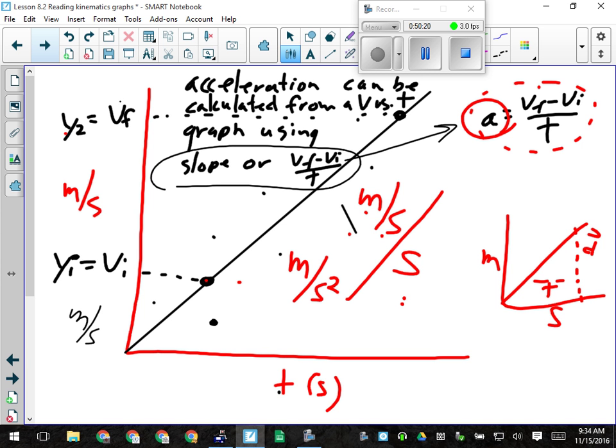When I divide that by time, I'm going meters per second divided by seconds, or meters per second per second. It's telling me the rate at which I change my velocity. This many meters per second every second, you're going that much faster or that much slower. So if you're falling, you are accelerating at 9.81 meters per second per second.